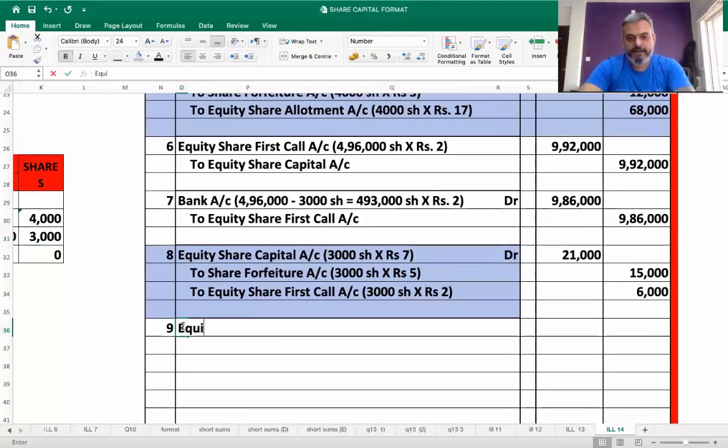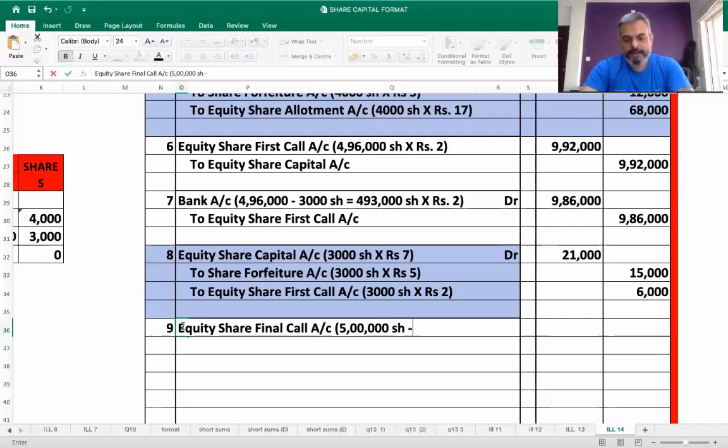We will call the final call on it, equity share final call account. Do the working: 5 lakh shares minus, first we forfeited 4,000 shares, then we forfeited 3,000 shares, which comes to 4,93,000 shares into rupees 3.